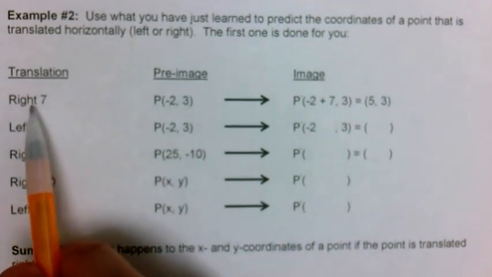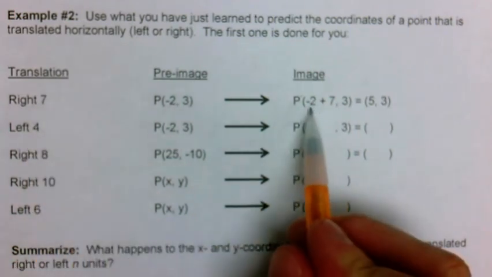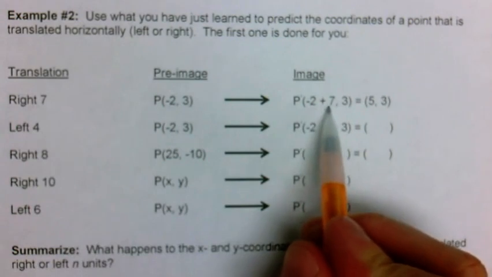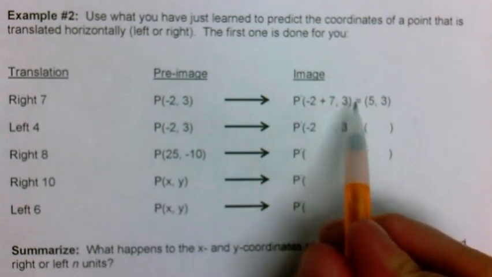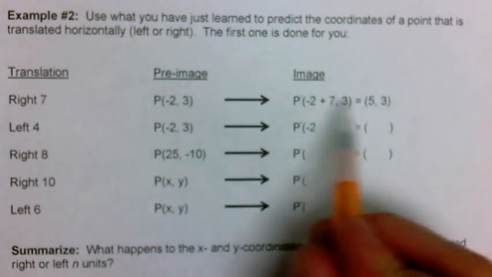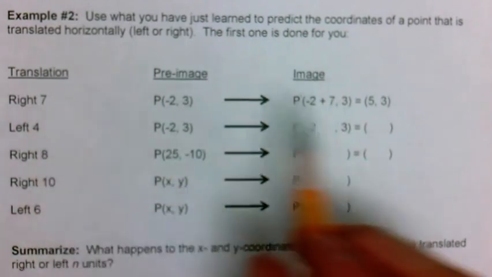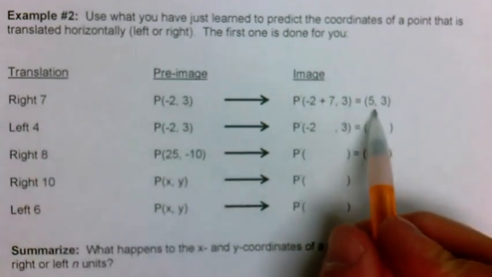That's going to change the x-coordinate, and we're going to take the old one and add 7 to it. The y-coordinate stays the same. So negative 2 plus 7 is 5, and 3 stayed the same. So translating negative 2, 3 to the right 7 units would put it at 5, 3.